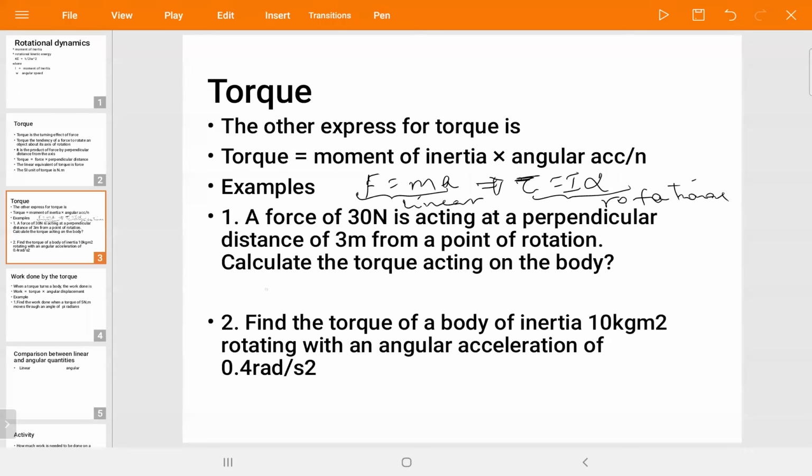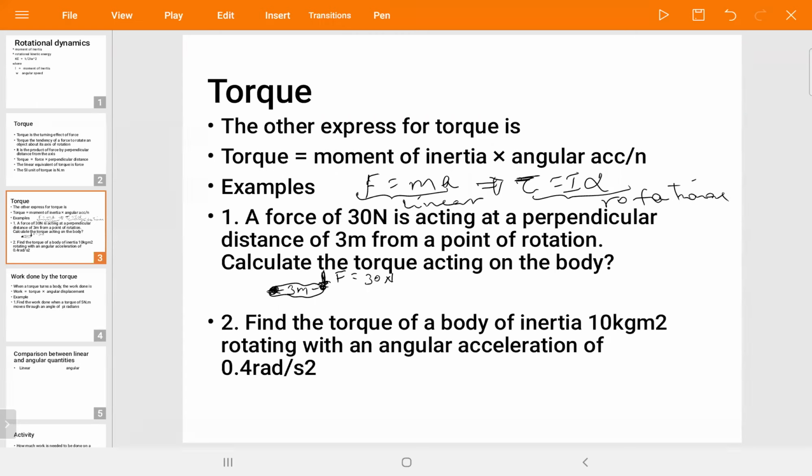For example, if our body is this one, and the force exerted on one end of the object is 30 Newton, and assume this is a pivot point, when a force pushes the object down, then the object is supposed to rotate in a clockwise direction. And the distance from the pivot point up to the line of action of force is 3 meters. This is 3 meters, a perpendicular distance from the pivot point, the point of turning, up to the line of action of force.